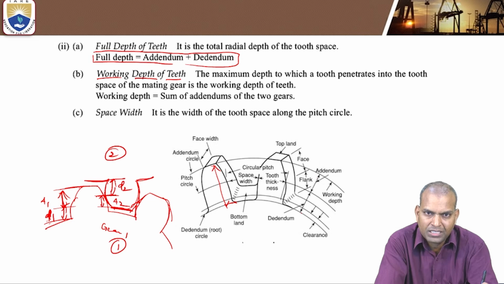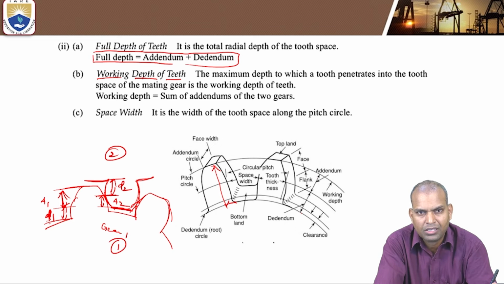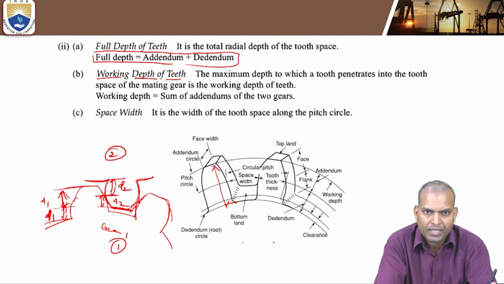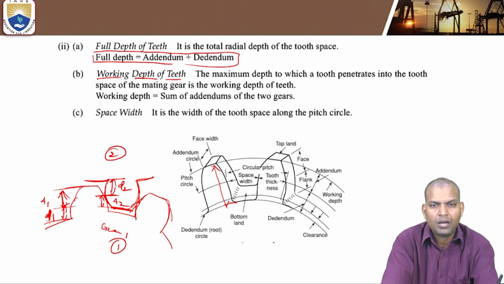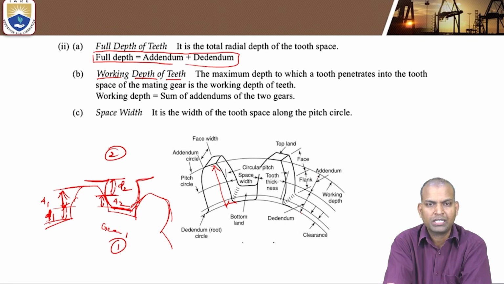If the working depth is too high, then jamming of gears takes place. So the working depth should be maintained at an optimum level such that proper torque transmission can take place between two gears.